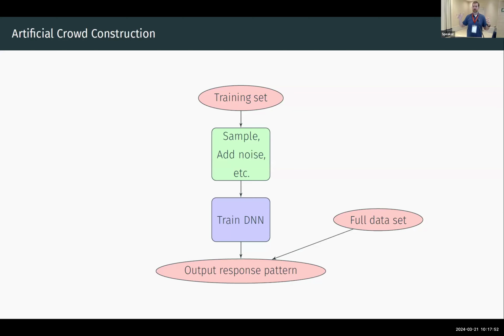of response pattern collection. So what we proposed originally back in 2019 was to manipulate the data set and fix the model architecture. So instead of collecting a number of different models and running them through the same data set, we took a subset of training data and injected noise, flipped labels, manipulated the inputs to make the data messier, and then make the training noisier so that the model would perform more poorly, right?